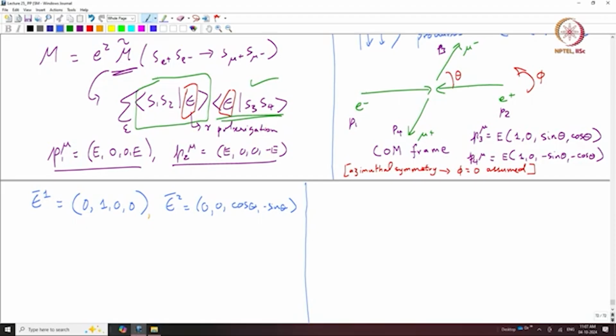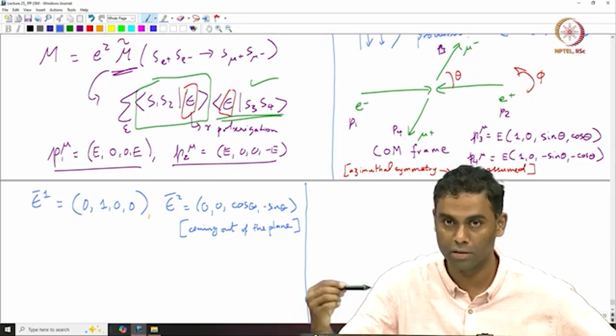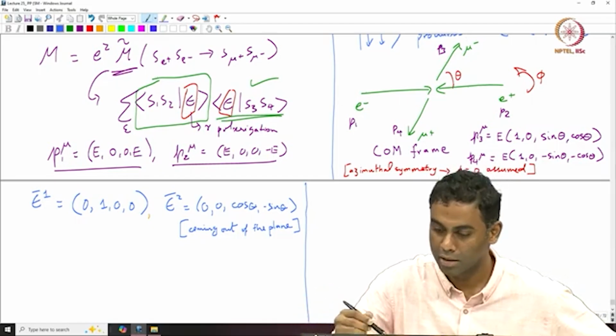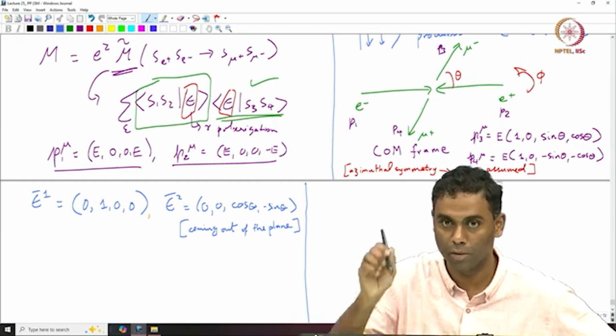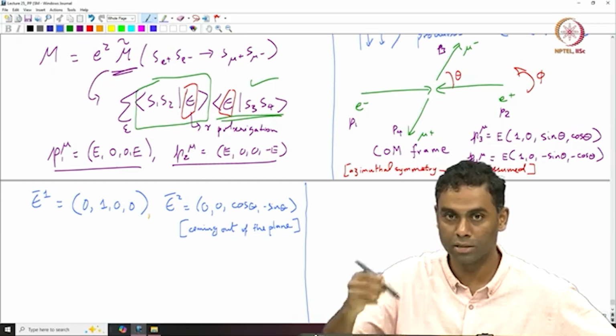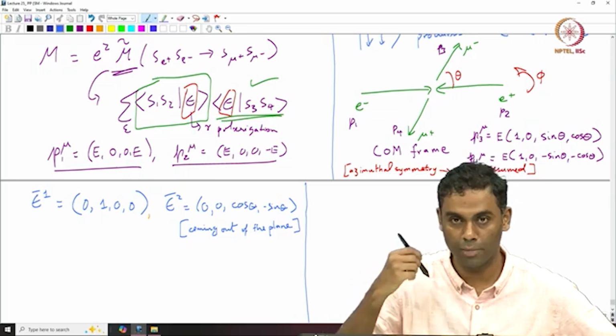In this case, it means it is coming out of the plane, right? So if the muons are flying literally on the plane of this device, then you can see the way I'm holding the pen, it's now coming out of the plane. The polarization is orthogonal to the propagation and coming out of the plane.